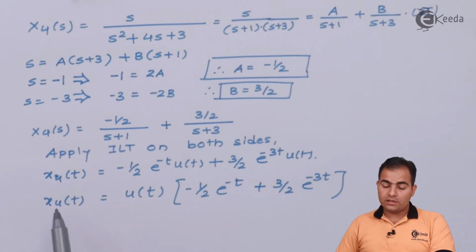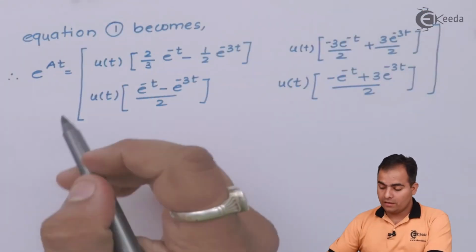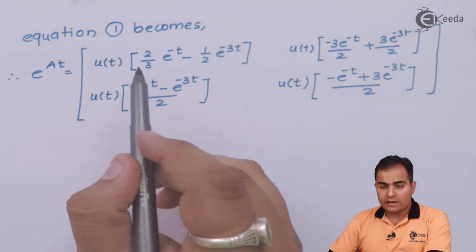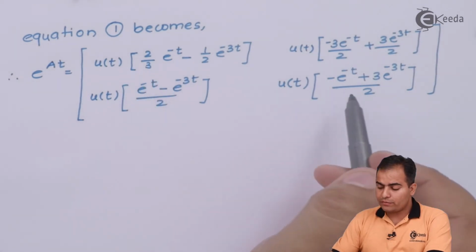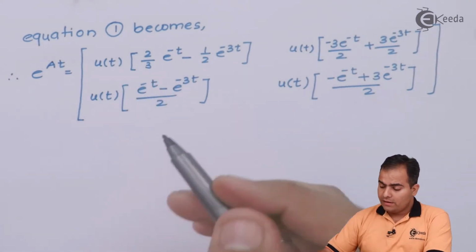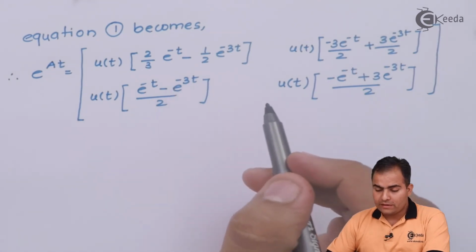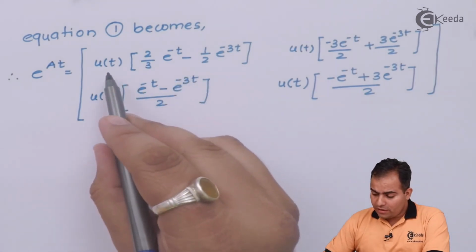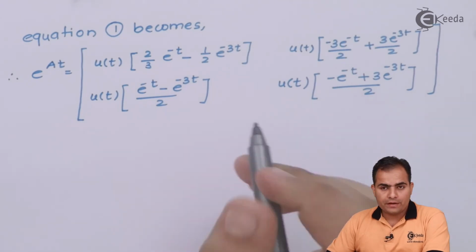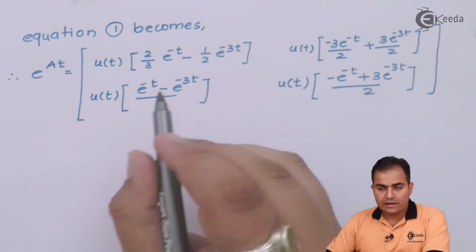Now I'll substitute all these values in equation number 1. Now look here, I have substituted all my x1 of t, x2 of t, x3 of t and x4 of t values in equation number 1. Now from this equation we can say that in each and every term we have u of t. So you can take u of t common.